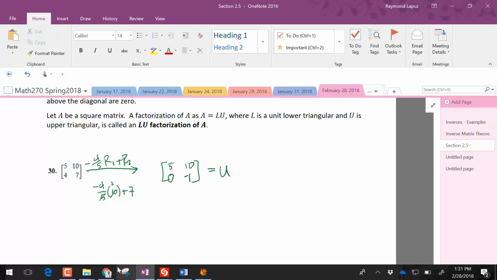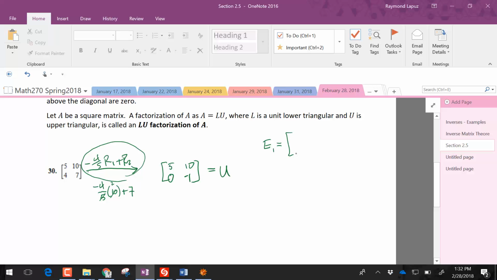So the question is, what is L? So remember the elementary row matrices that we did? We did an elementary row operation here, right? So let's do this exact same elementary row operation to the identity.